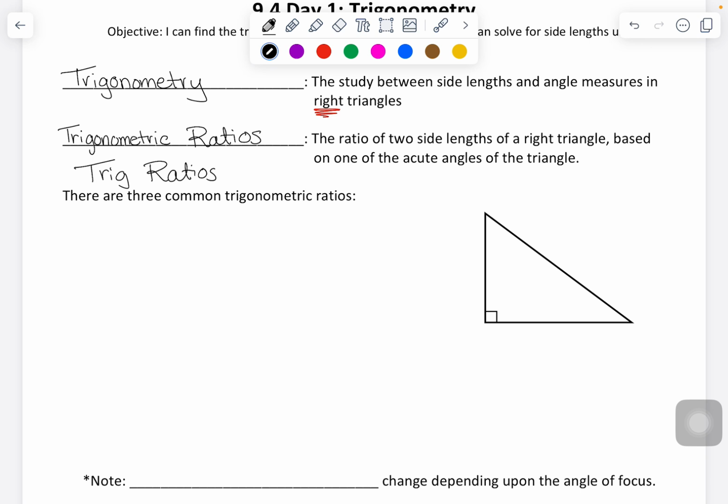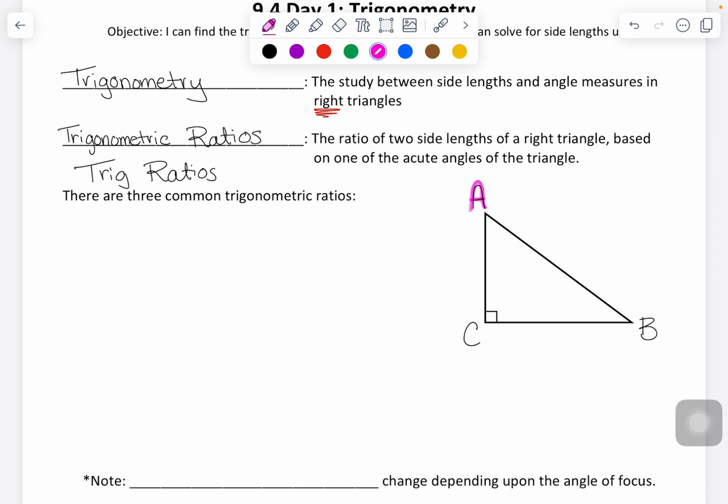In order to work with these trig ratios, first off, we've got to have a right triangle, and I am going to name the angles of this right triangle A, B, and C. Now, these trig ratios work in the idea of you focus in on one of the angles. I'm going to focus in on angle A, and it has to be one of the acute angles in the triangle.